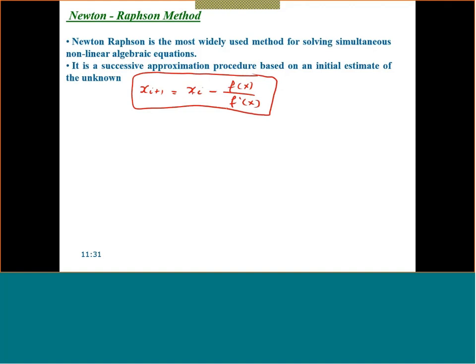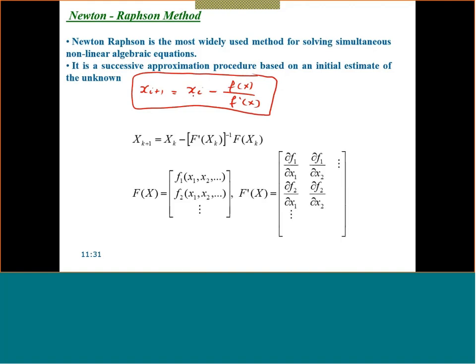So without any proof, intuitively we can say that in the format of Newton-Raphson, when we have multiple equations, that's how it will look like. This is a vector, so this is like x1, x2, xn at k plus 1.